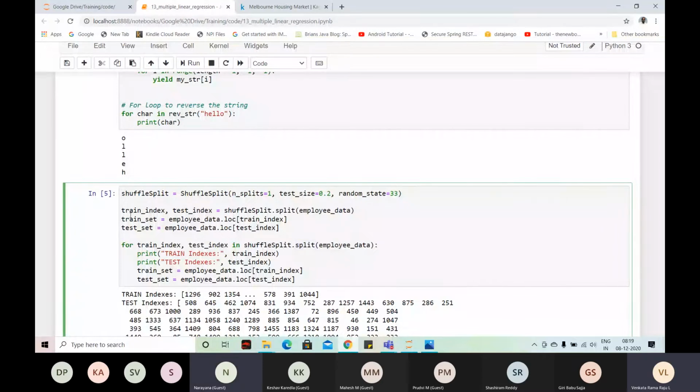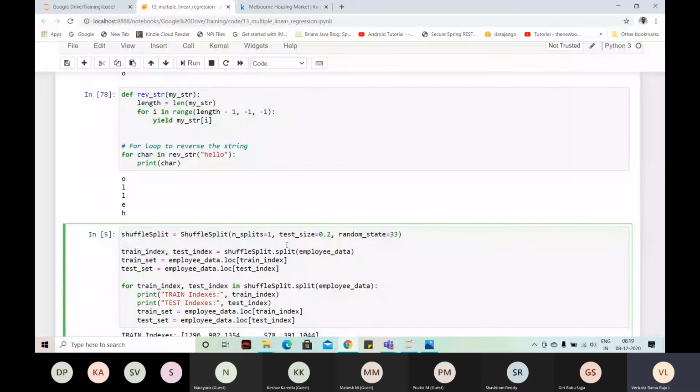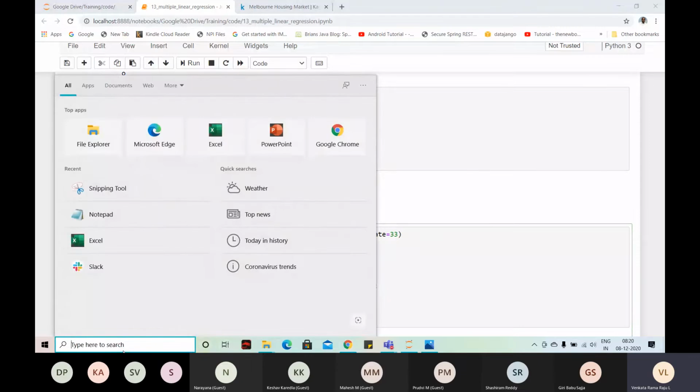That's a good question. When it is a function, it generally returns the values right away. What is the disadvantage? If in your data set you have 1 million records, and the index is of float 64, each number is 64 bits. 64 bits means how many bytes? 8 bytes.